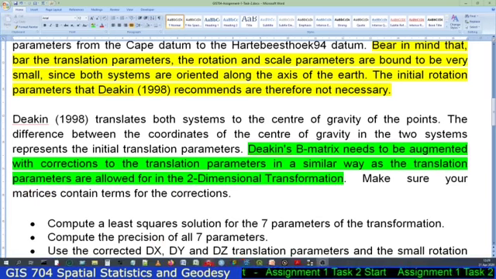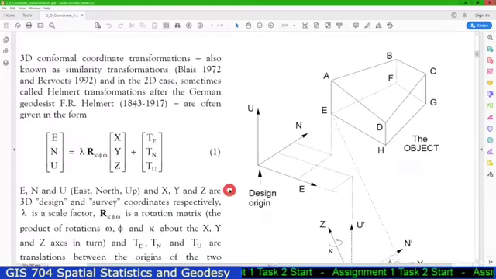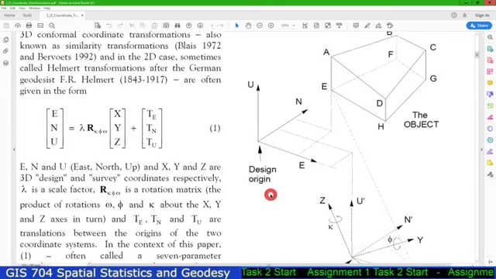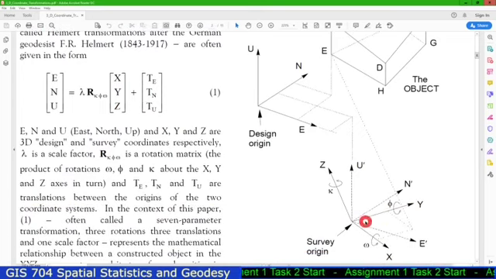Now let's have a look at what Deacon's B matrices look like. First thing you need to do is understand the problem correctly. What we want to do is go from an XYZ system, which Deacon has got here in his picture, to an east-north-up system, which is the system he uses to do his surveying.